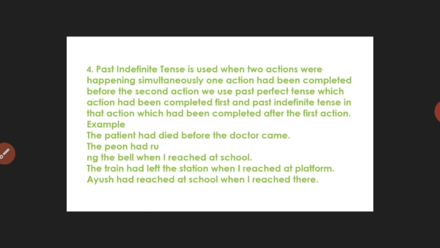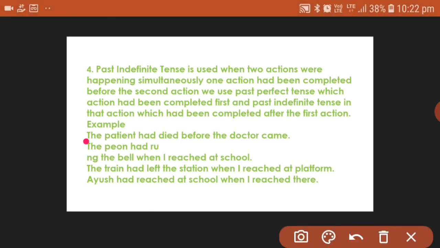Yes. The bell had rung when I reached school. Students, there is some mistake. This is one sentence. Here we can check, the bell had rung, R-U-N-G, rung, when I reached school.